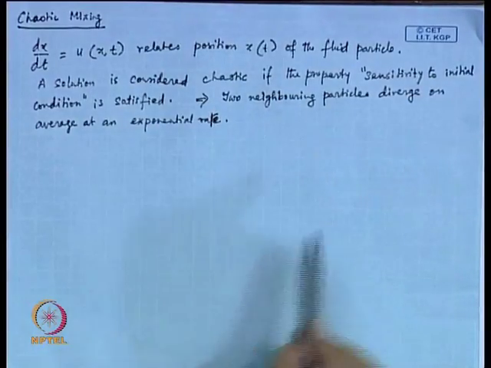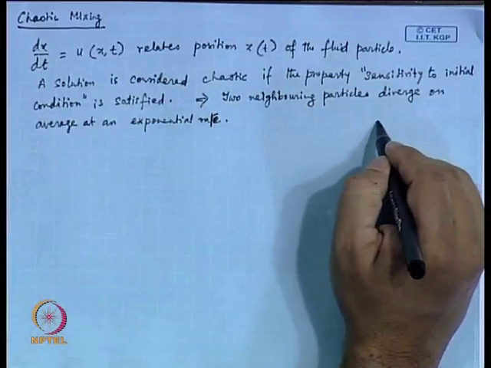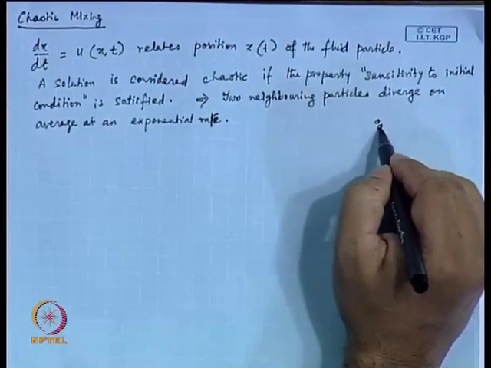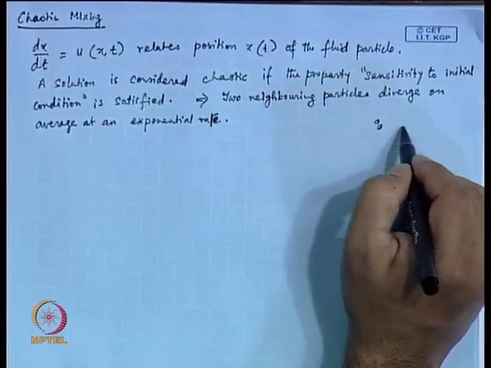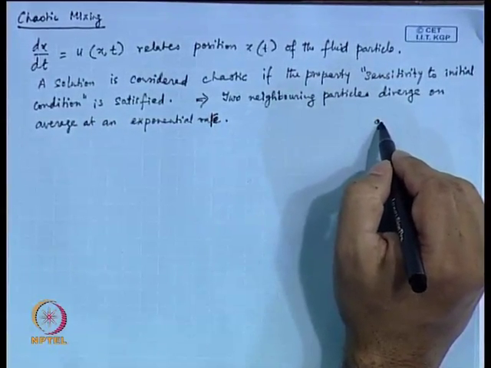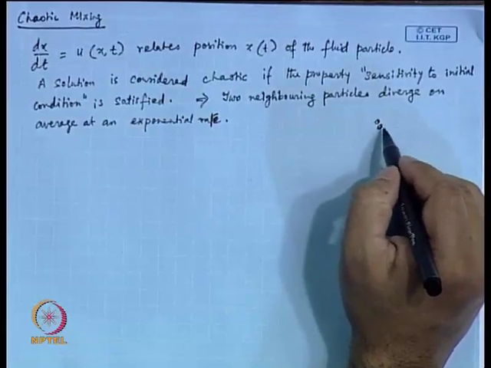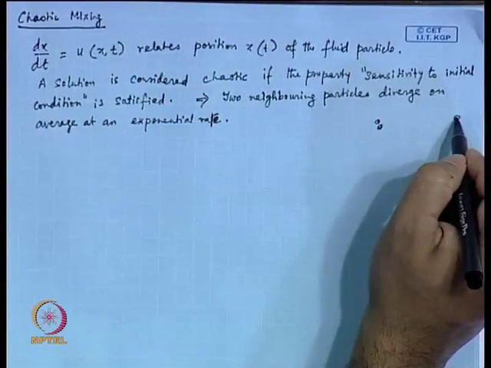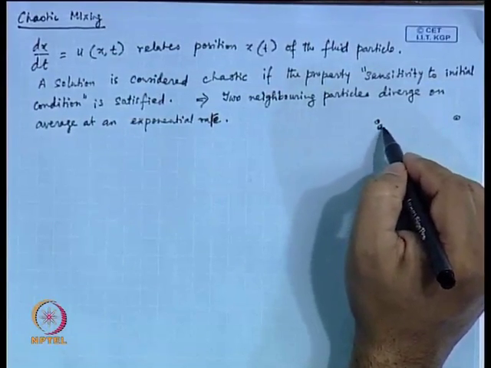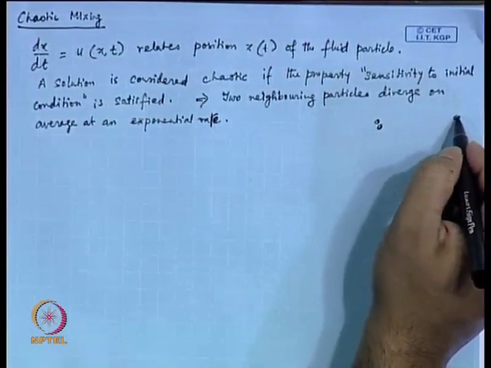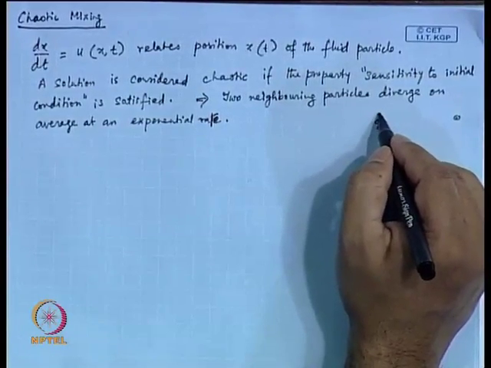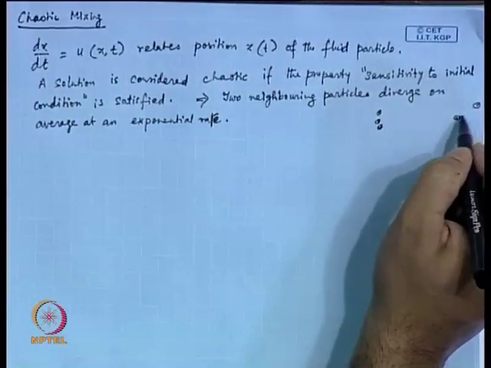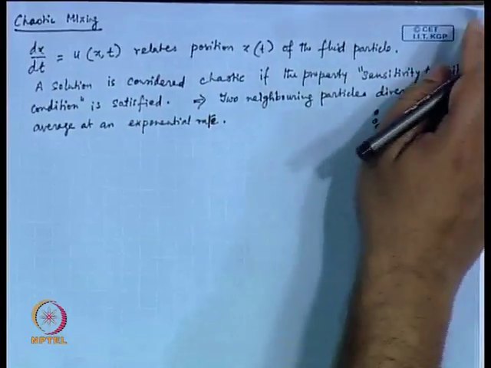That means we started with two neighboring particles. If we had a linear stretching, then I know that one layer is static, say maybe fixed close to the wall, and the next layer is moving at a somewhat higher velocity. So, after some finite time I will find that one layer has traversed up to this point, whereas this layer is still static, or with reference to this layer there was another layer which was here, and then you will see that this layer has gone further there. So, there is a linear stretching.